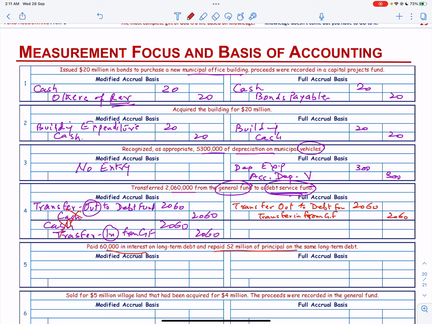So under the modified accrual basis, interest expenditure is debit by 60,000, and principal debt expenditure is going to be debit by 2 million and cash will be credit by 2,060,000.